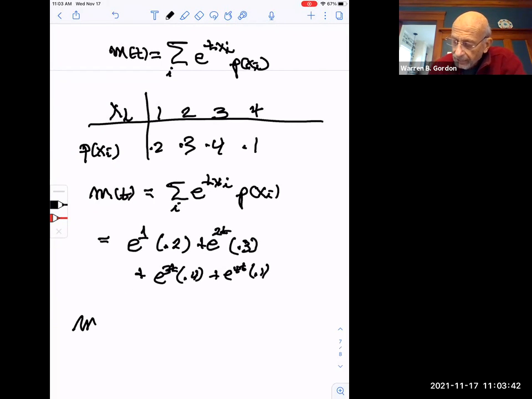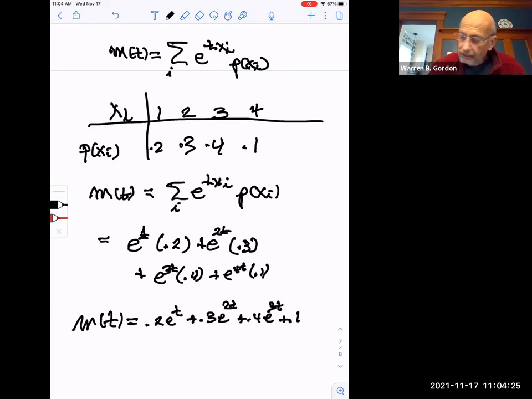So M of t, the moment generating function for this particular distribution, just turns out to be 0.2 e to the t plus 0.3 e to the 2t plus 0.4 e to the 3t plus 0.1 e to the 4t.